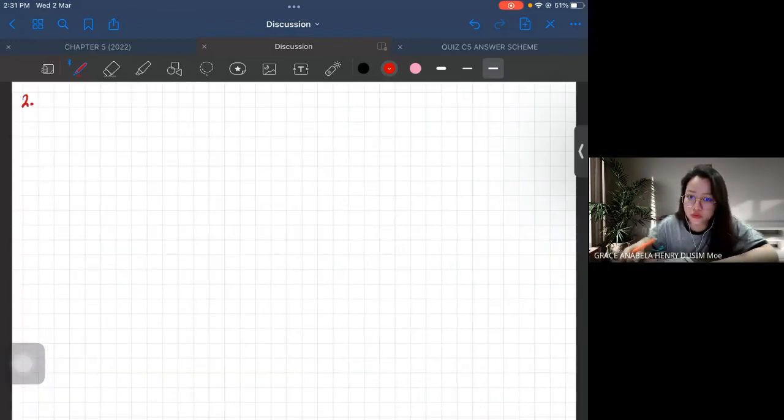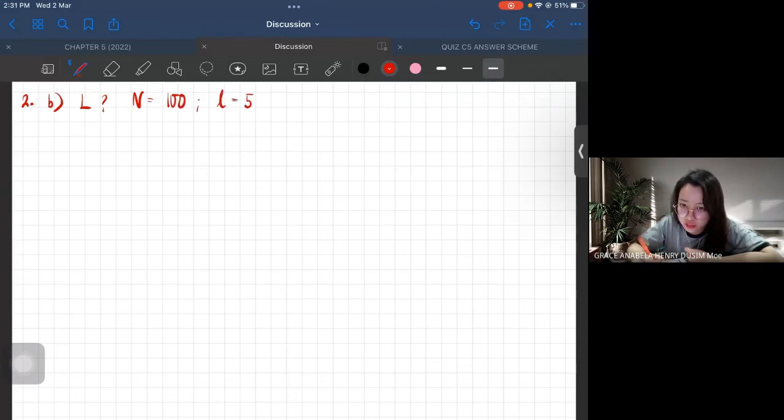Question 2A, for your syllabus there is no derivation, although in PSPM they might ask for derivation. So for question 2A, I will not explain, that is in your lecture notes. We go to 2B. We have to calculate the value of L if the number of turns is 100, the length is 5 centimeter, and the area is 0.3 centimeter square.